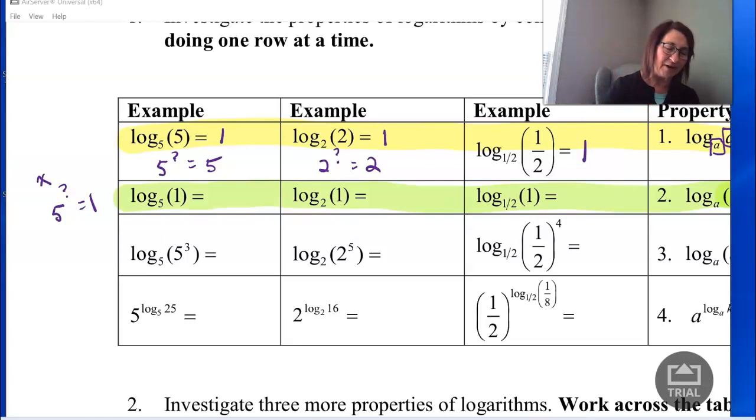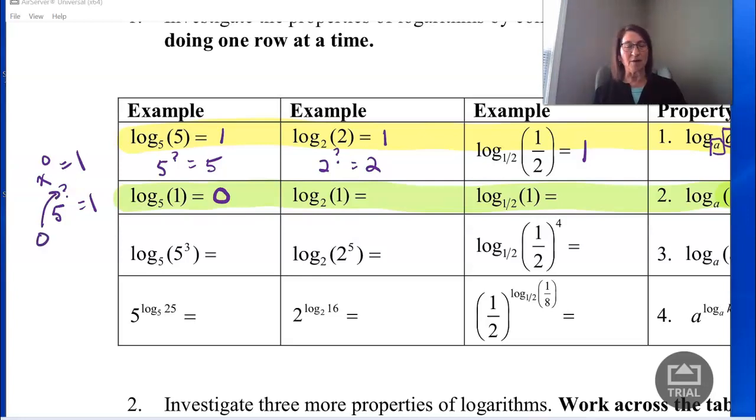So if I have a variable raised to the 0 power, it's always going to be equal to 1. As a matter of fact, if I have anything raised to the 0 power, it's going to equal 1. So log base 5 of 1 is going to be equal to 0. That's what my exponent is here, a 0.